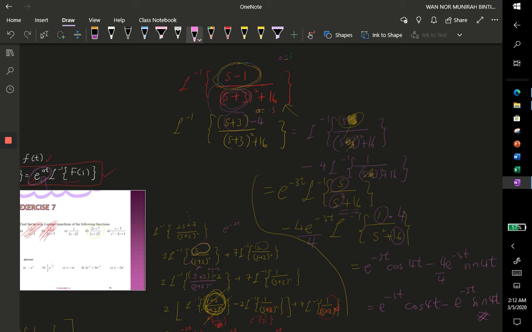Then you think, my original function is s minus 1, but what I put here is s plus 3. How to make this the original function? You must minus 4 so that you have s minus 1. Then you apply the linearity property, break this function into a simpler form, then refer to your table of Laplace transform.